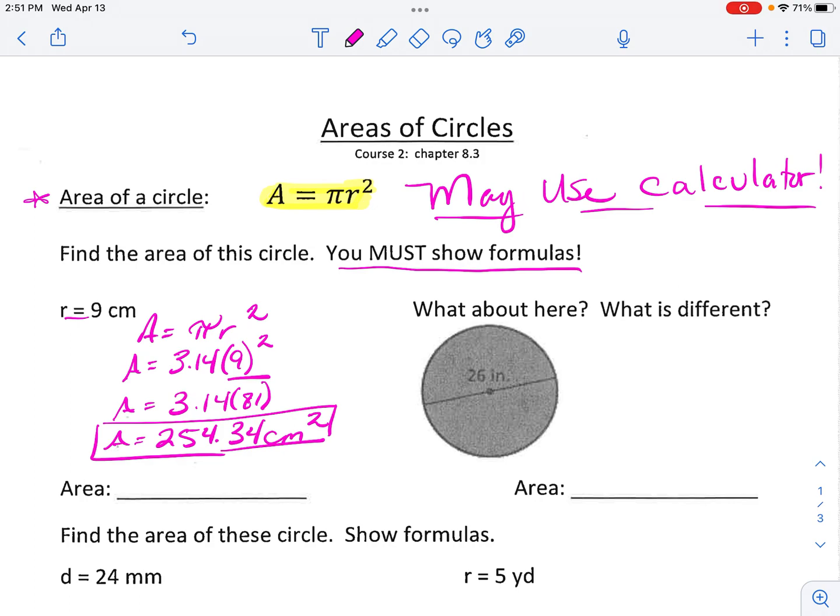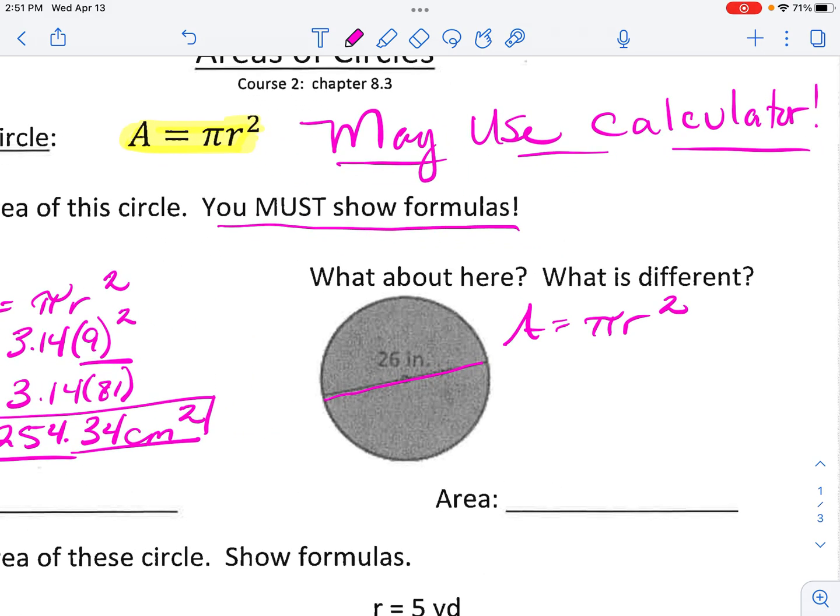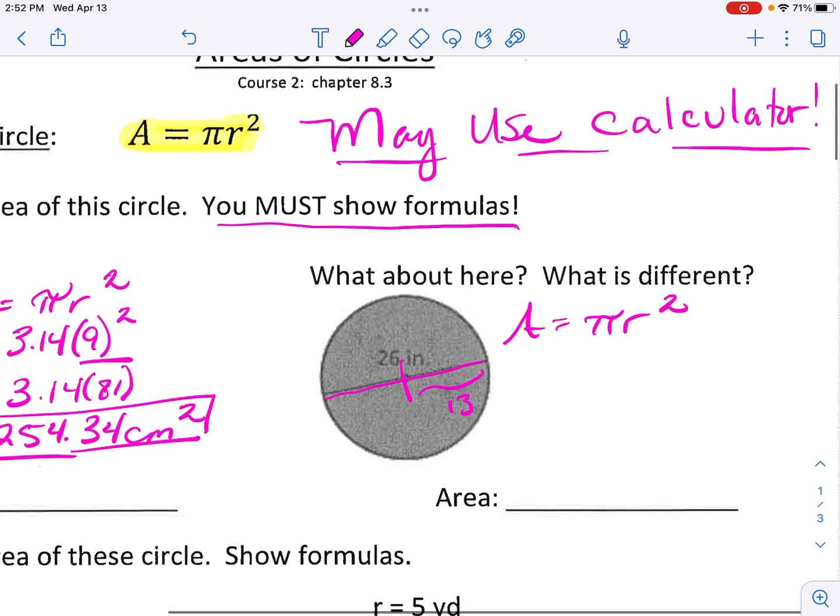The one to the right, it's a little bit different. You should be thinking that the distance all the way across is the diameter. And when we find the area, the formula calls for radius. So if all the way across is 26, we know that halfway across would be 13.